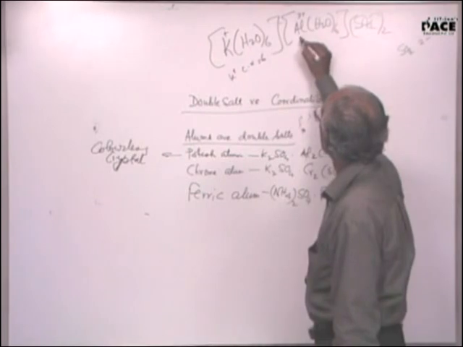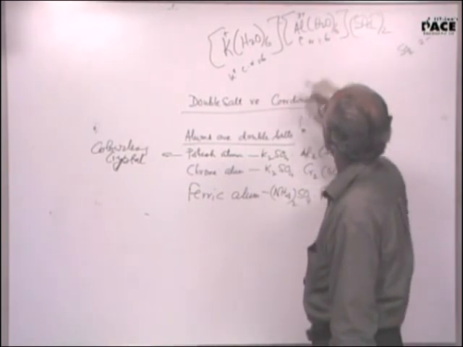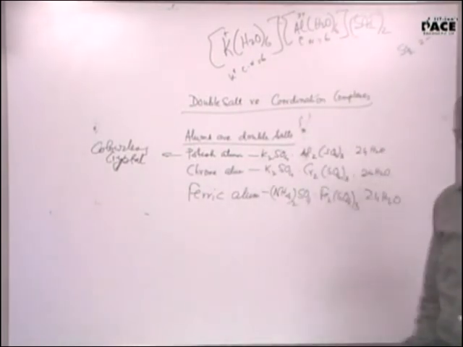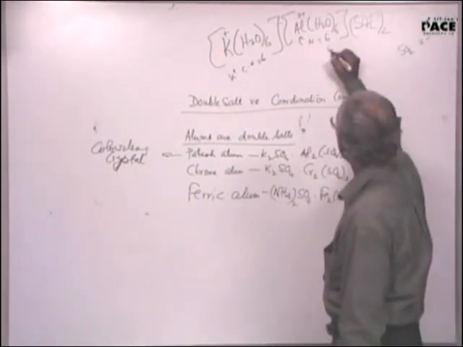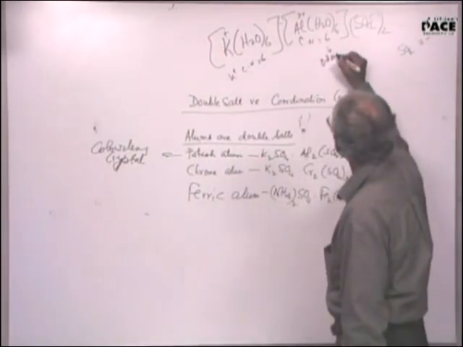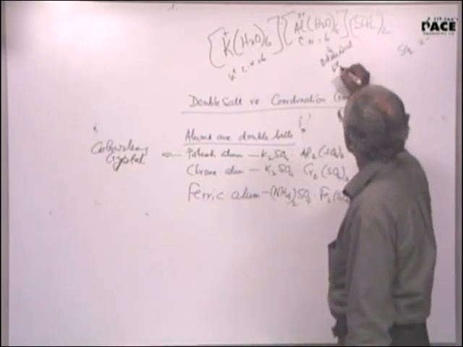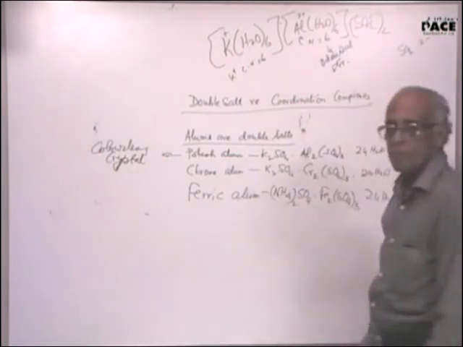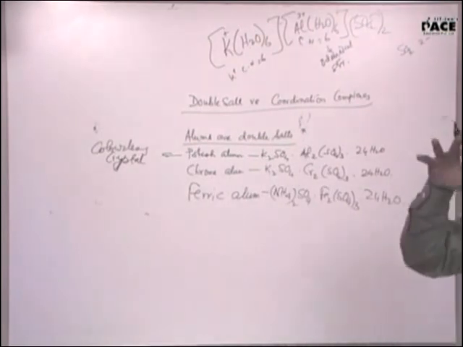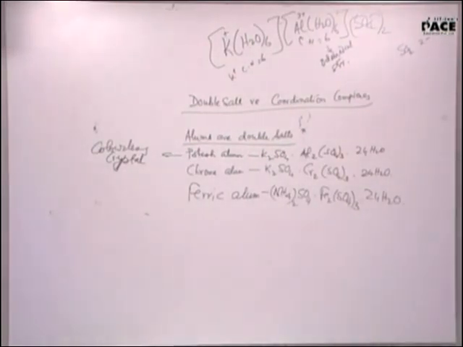Aluminium? 6. So, the octahedral structure. So 6 water molecules surround the potassium ion and aluminium ion in an octahedral fashion.